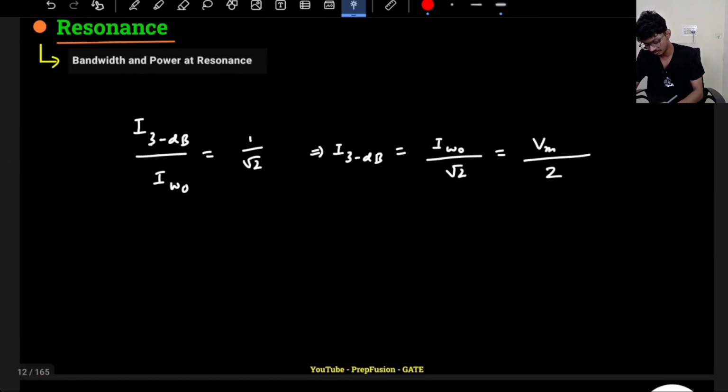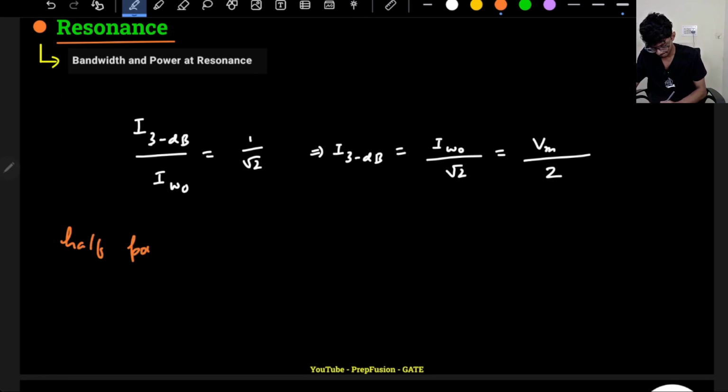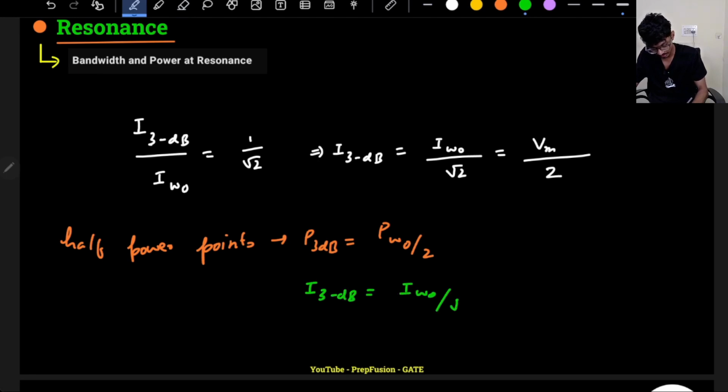Power at 3 dB will be P omega naught divided by 2, but the current I 3 dB equals I omega naught, the resonant current, divided by root 2. It is not exactly half.